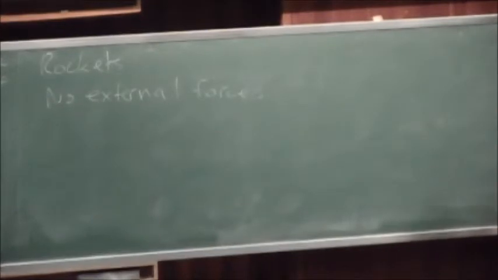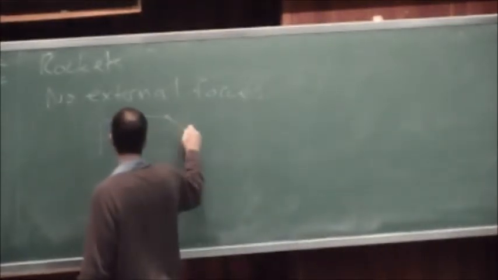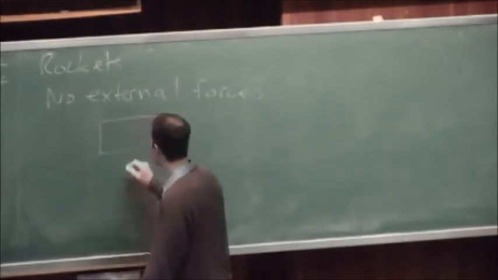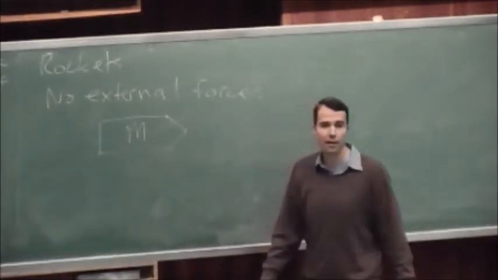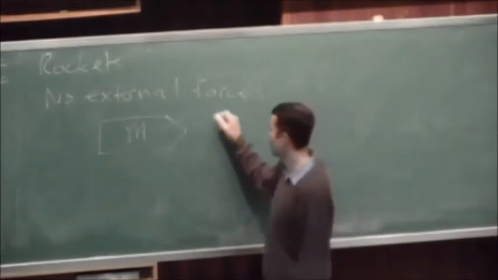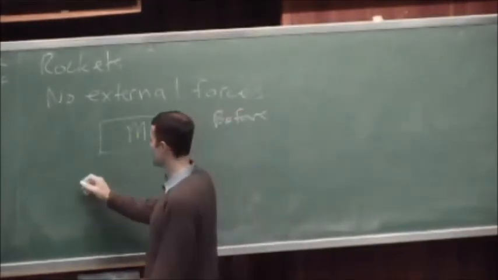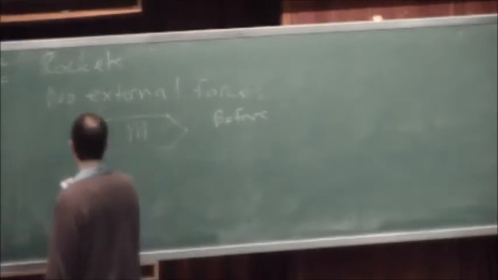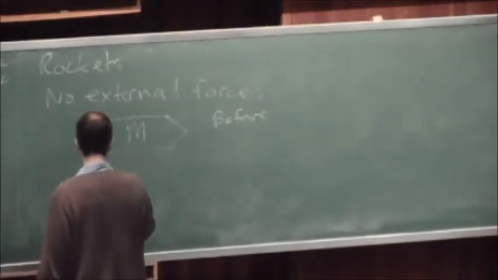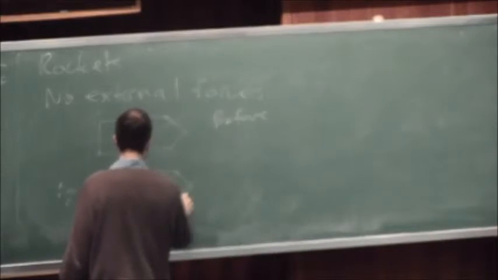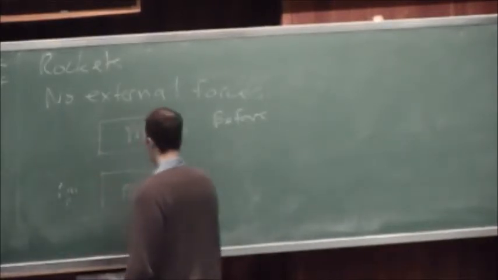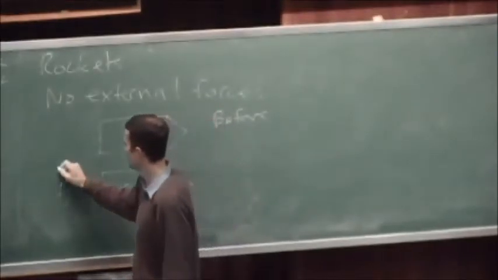But let's just consider this simple situation where there are no external forces, and what we have is initially some rocket, which we'll just call mass m. Okay, so this is the before picture. Now what we can say is the rocket has mass m minus dm.